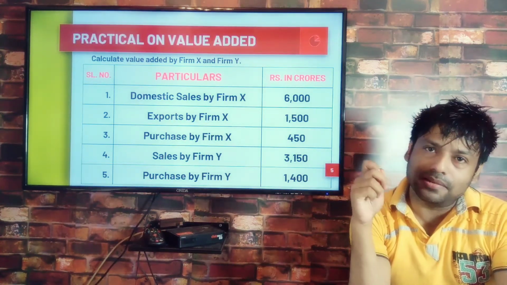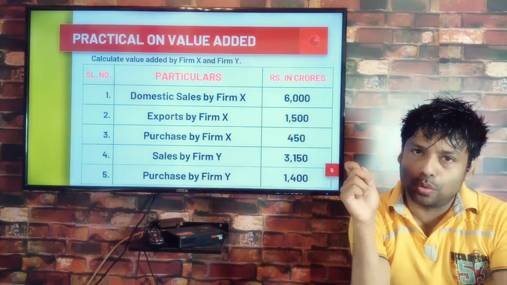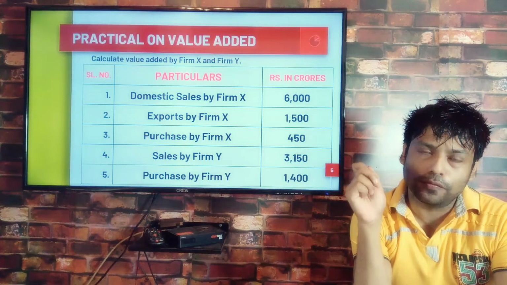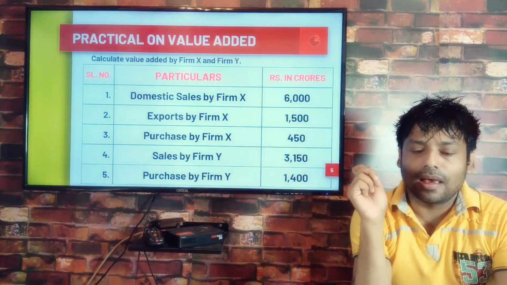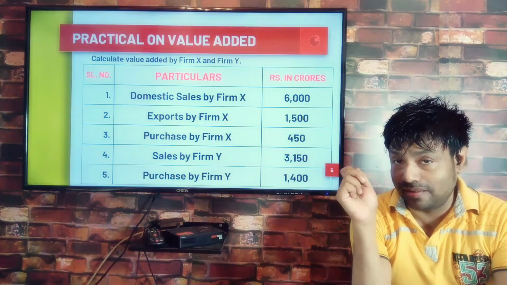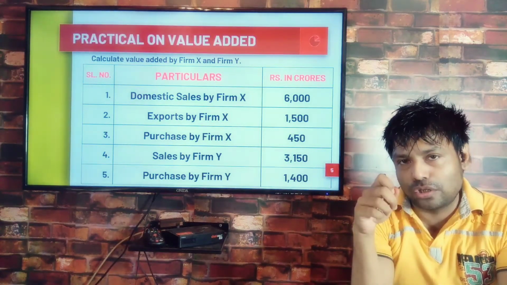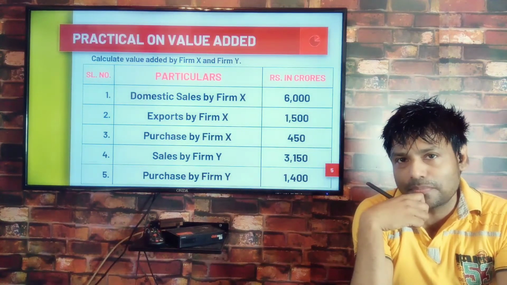So domestic sales plus exports will give you the total output of firm X, and purchase by firm X is clear. As we know, value added is equal to output minus intermediate consumption.